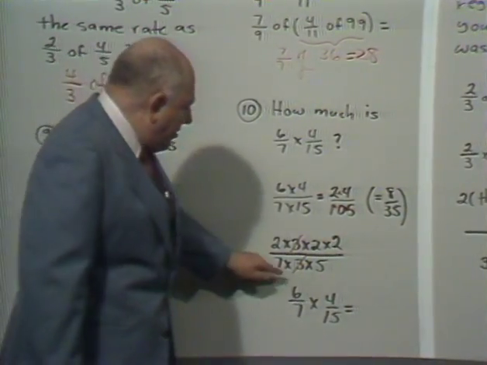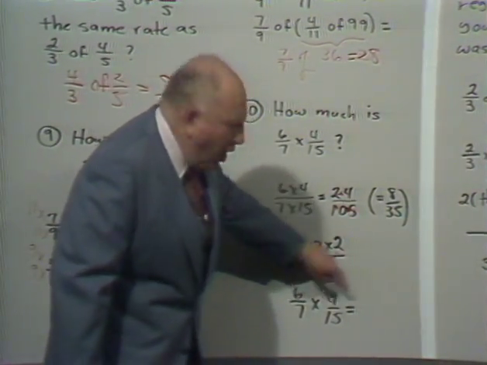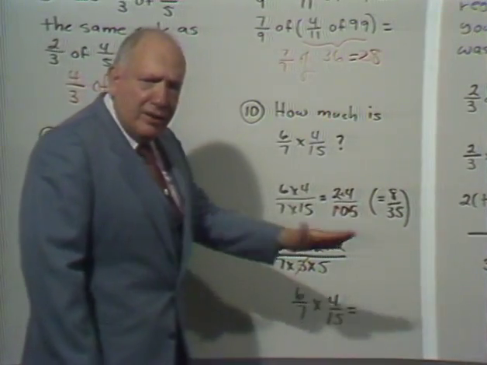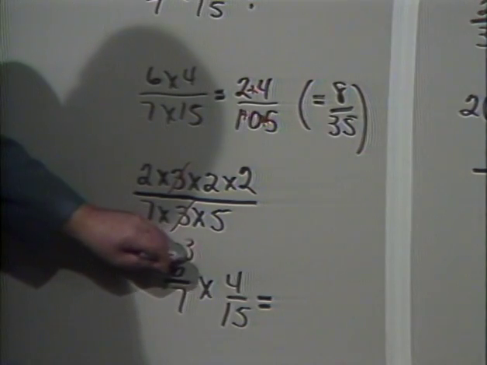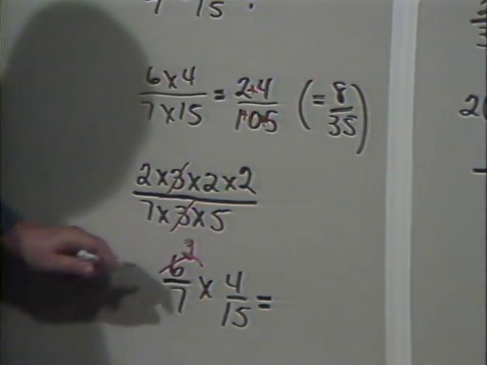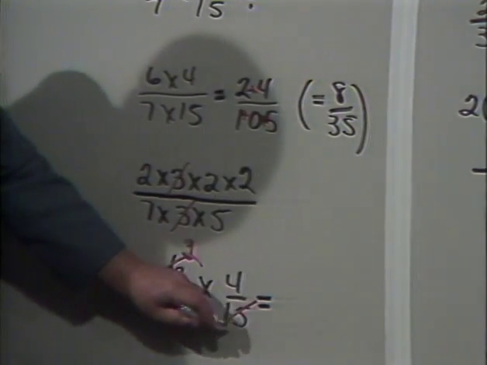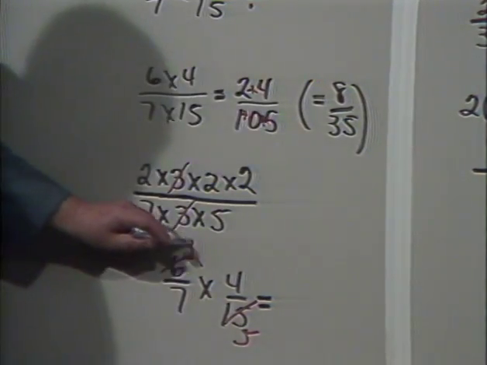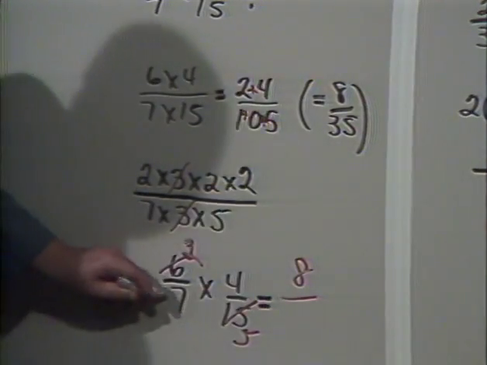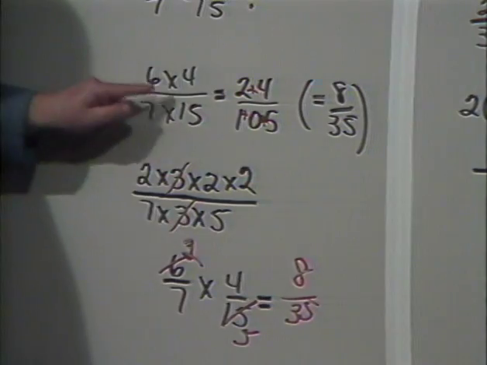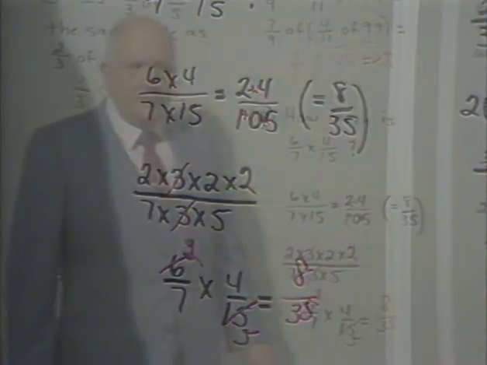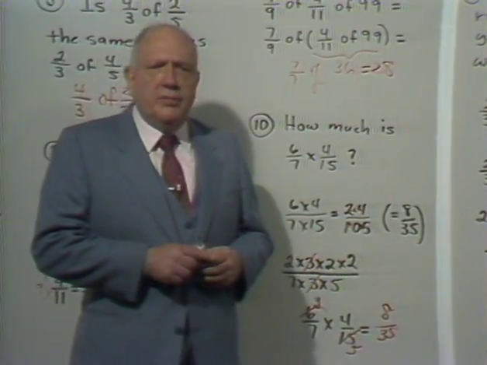But it doesn't matter because once you multiply, all the numerators are together, all the denominators are together, so a shortcut way of doing this is to cancel a 3 from the numerator to get a 2 here, and a 3 from the denominator to get a 5. Then 2 times 4 is 8, and 7 times 5 is 35. But this is a technique. This is the theory. This is how we handle multiplication.